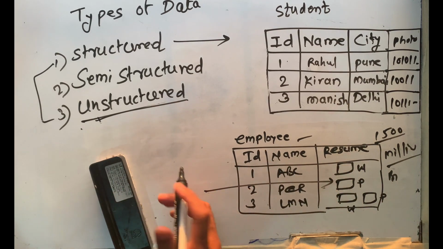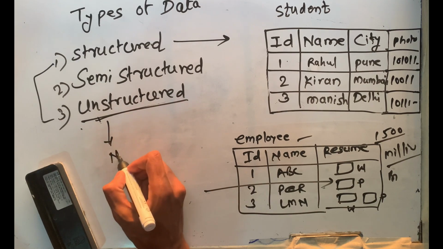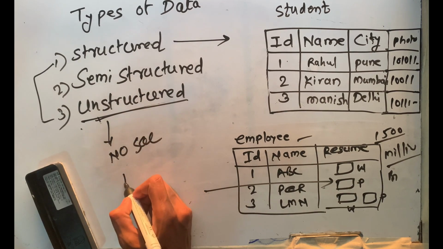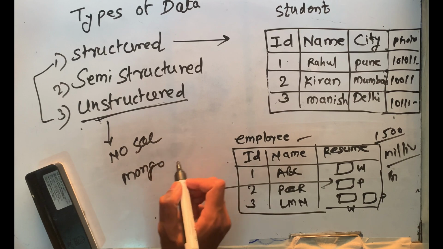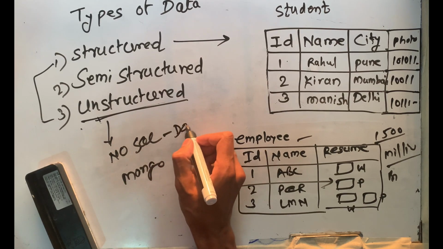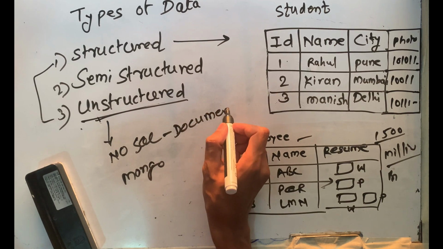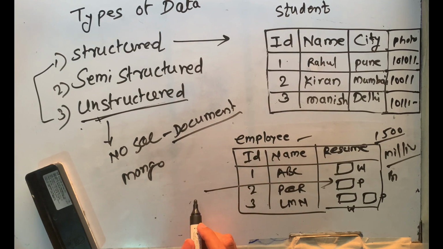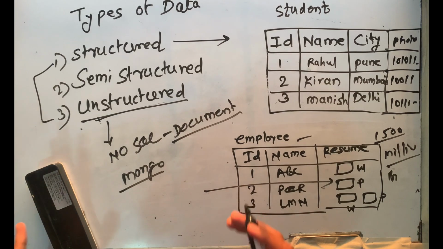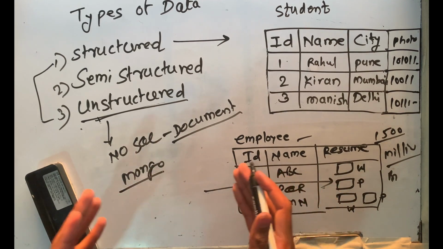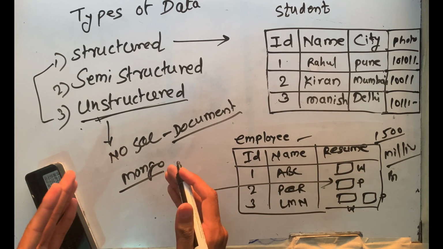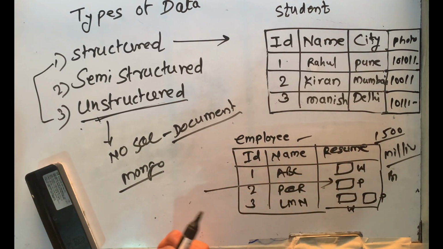So that's why NoSQL comes into the picture. MongoDB is an example of it, a document database, meaning we can store lots of documents and a large variety of documents in it, and it has the capacity as well. With the help of MongoDB we can resolve that issue.